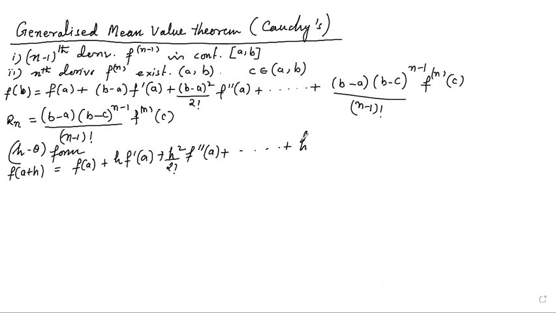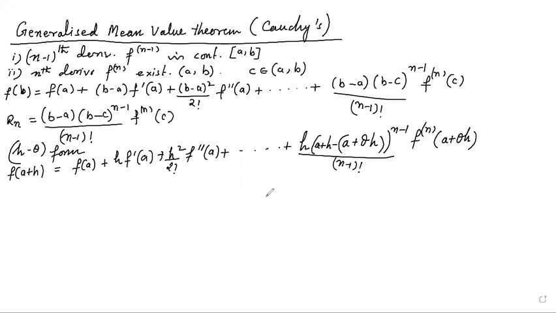The last term I am writing: (b minus a means h) into (b minus c). In the h theta form, no b is there; b is replaced by a plus h. So (a plus h minus (a plus theta h)) to the power n minus 1, f^(n)(c) means f^(n)(a plus theta h), divided by (n minus 1) factorial.